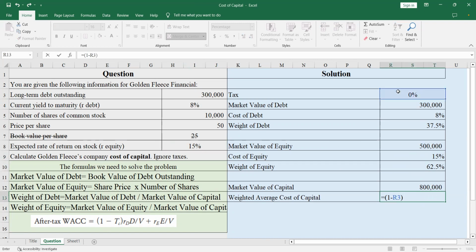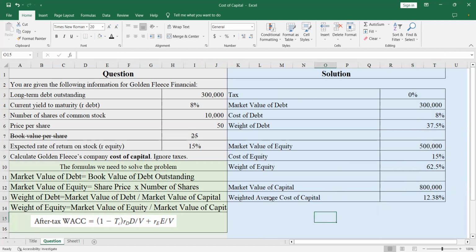Since we are already ignoring the effect of taxes, this is 1, multiplied by the cost of debt, 8%, multiplied by the market weight of debt, which is 37.5%, plus the cost of equity, 15%, multiplied by the market weight of equity, 62.5%. So this is about 12.38%. So the weighted average cost of capital is 12.38%.